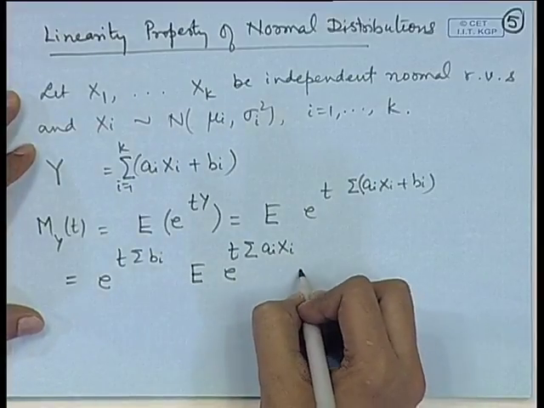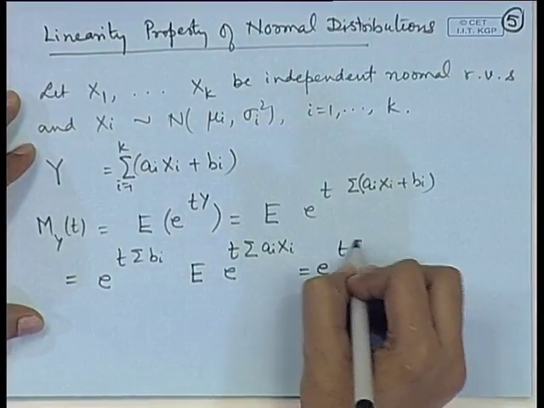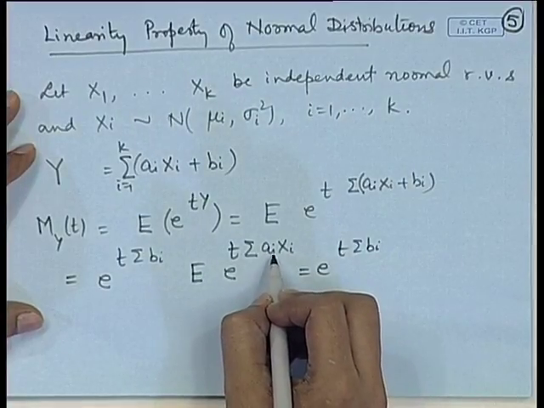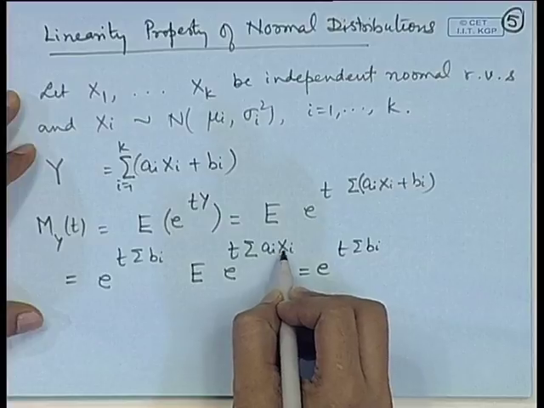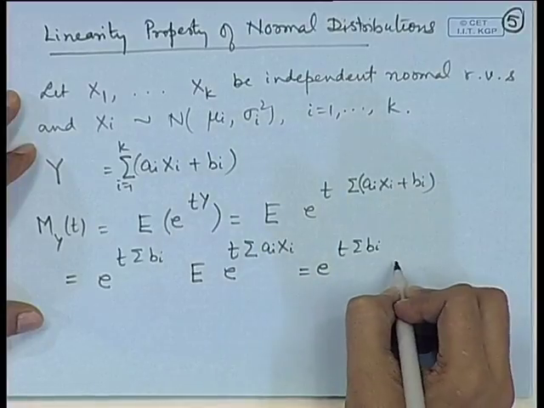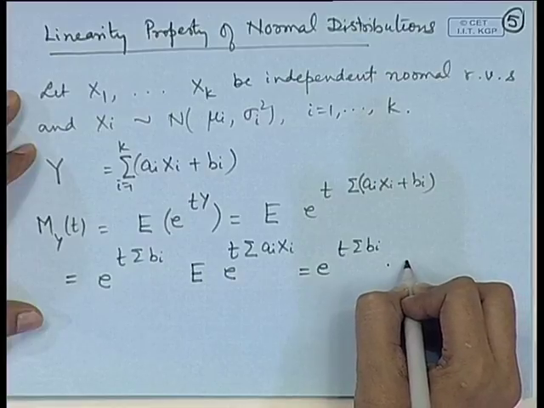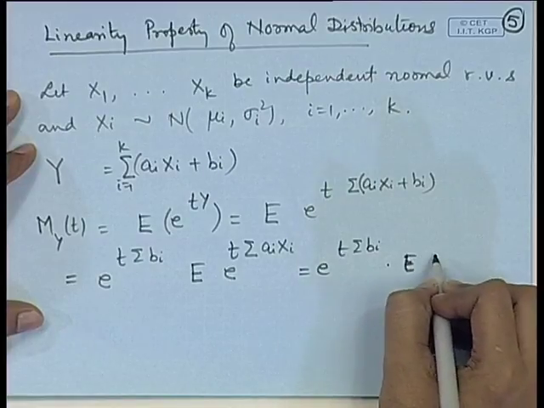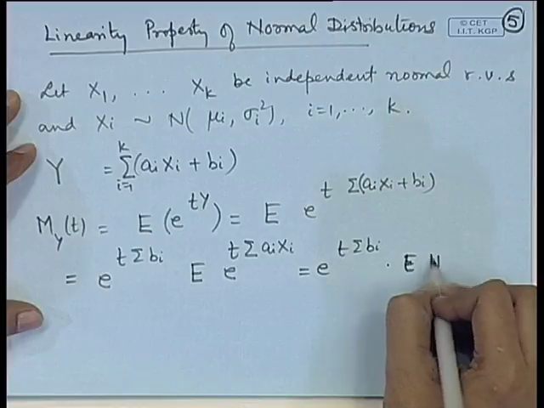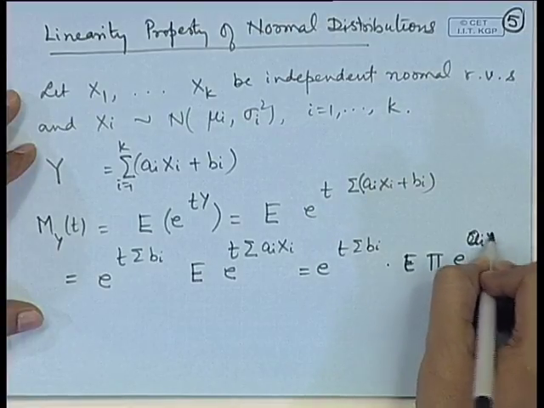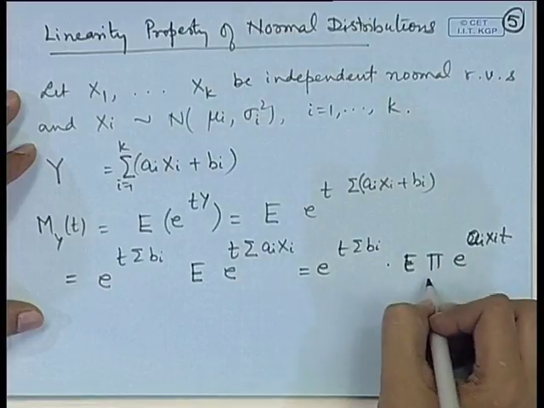Now, this we can express as e to the power tb, and this term we can split. We can consider it as expectation of the product of e to the power ai Xi t.